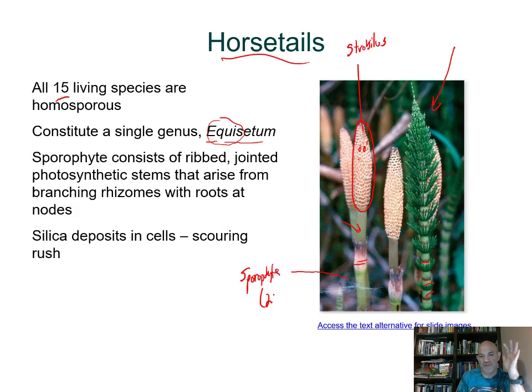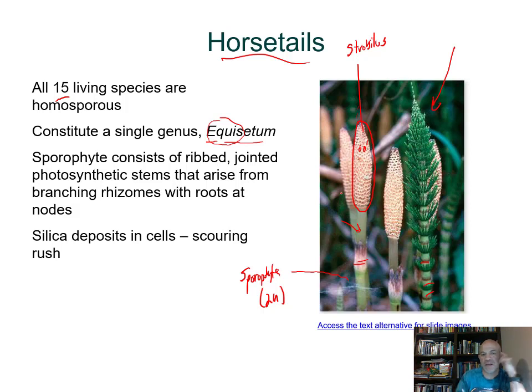Okay, so that means they're all diploid cells, even within the strobilus. But within there, you're going to have your spore mother cells, the sporocytes, that go through meiosis to produce your haploid spores. They go and they produce the gametophyte generation, which is much reduced here. They're not showing the life cycles, but it's the same concept over and over again. The sporophyte produces the haploid spores by meiosis.